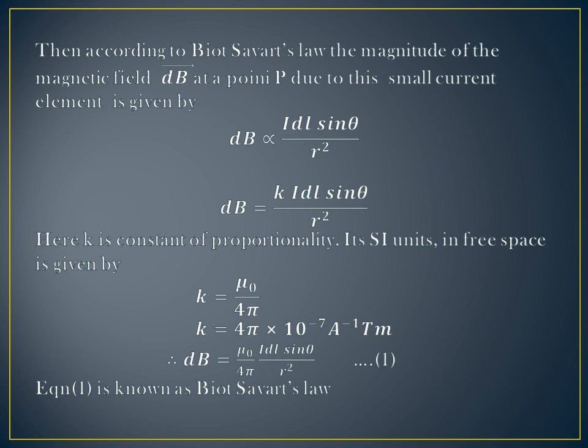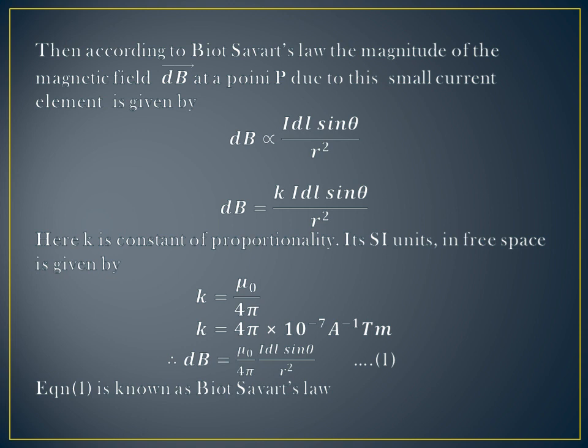Its SI unit in free space is given by k is equal to mu naught by 4 pi, where mu naught is the absolute permeability of free space. Therefore, mu naught by 4 pi is equal to 10 to the power minus 7 Tesla meter per ampere. Therefore, the magnitude of the magnetic field dB is equal to mu naught by 4 pi I dl sin theta divided by r square.